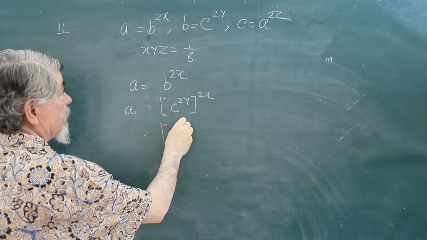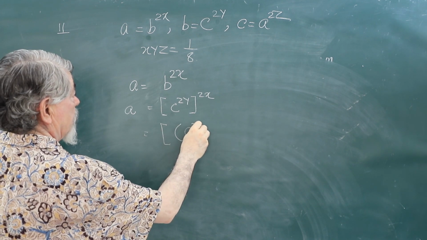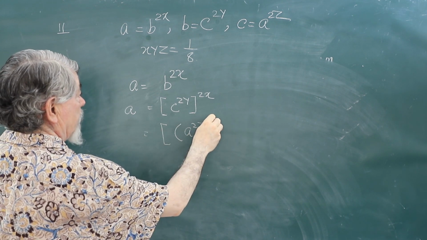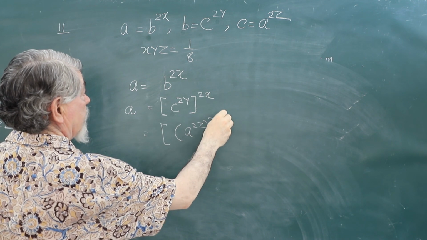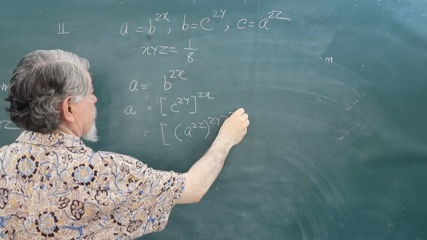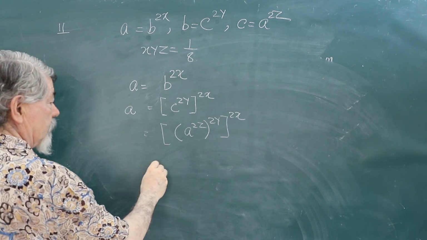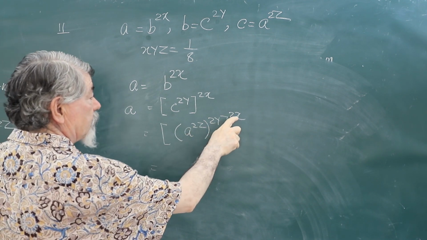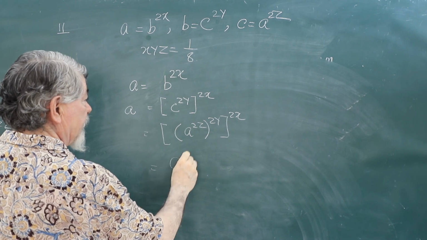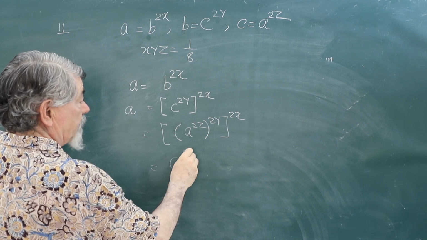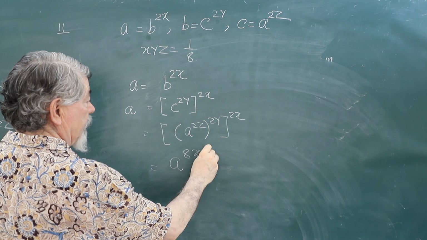The value of c is a to the power 2z, to the power 2y, to the power 2x. That means it becomes what? Power to the power to the power. It will become a to the power 8xyz.